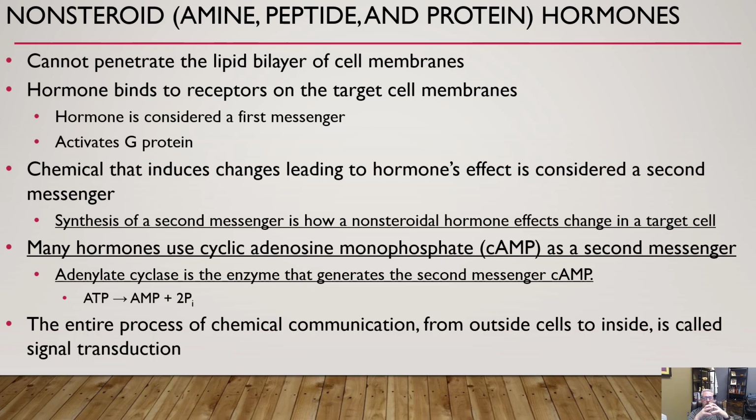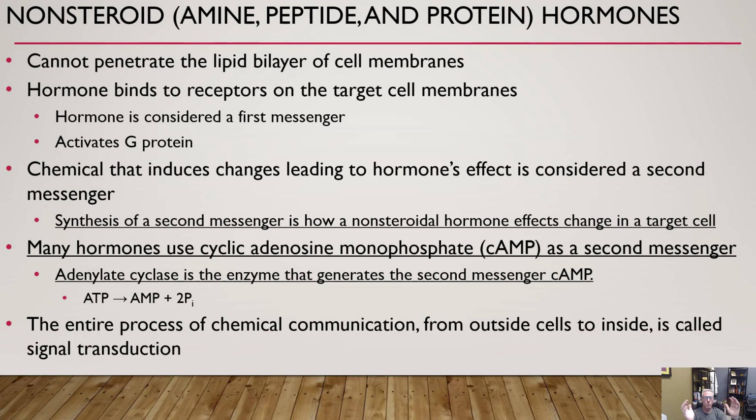So this second messenger typically is going to be cyclic adenosine monophosphate, or cyclic AMP, or cAMP. So this cyclic AMP, we'll say, is the second messenger. And we talked about adenylate cyclase earlier, and I said we'll hold off on that bullet point for a second.